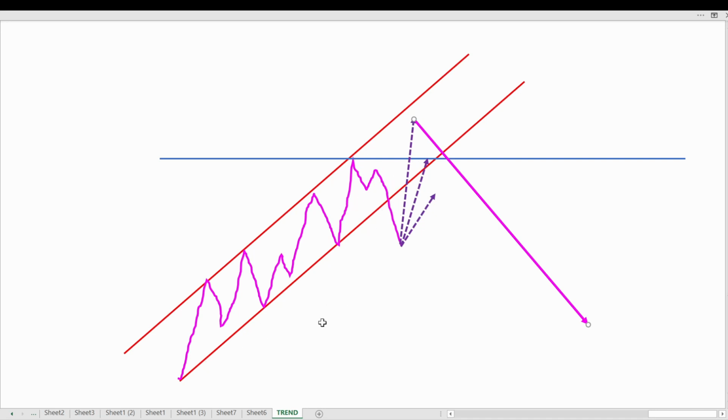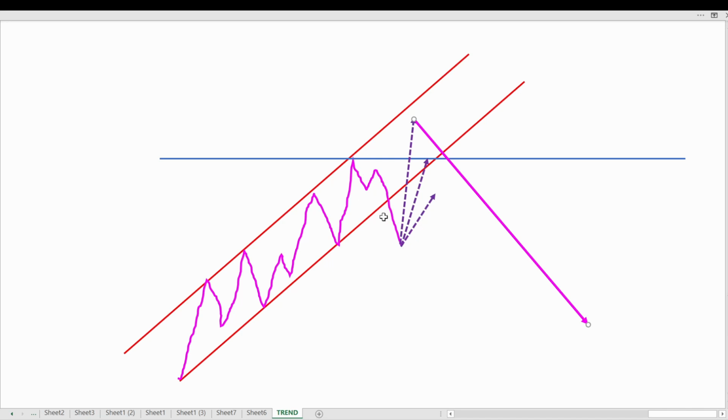So to summarize: first thing to do, draw the channel and validate it. You have to check that this is a validated channel, at least 3 points touching here. 1, 2, 3 points. The next thing is to check that price action breaks through the channel and closes outside the channel.